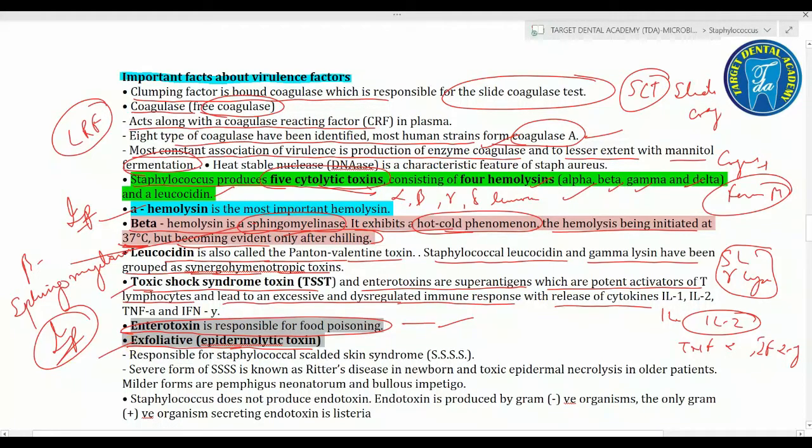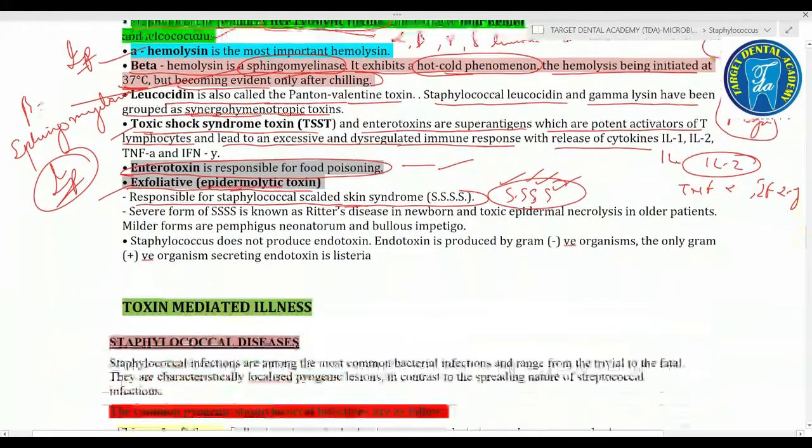The exfoliative toxin is an epidermolytic toxin, responsible for the staphylococcal scalded skin syndrome, which is 4 S, meaning the staphylococcal scalded skin syndrome. The severe form of the 4 S is known as Ritter's disease.